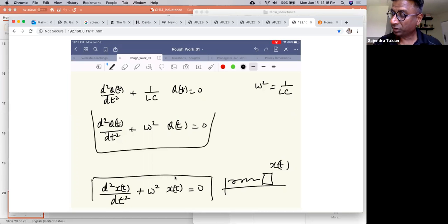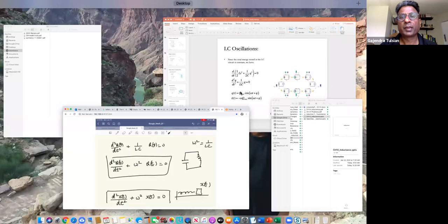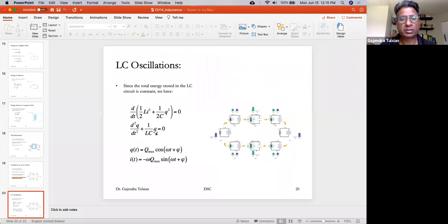So the charge on the capacitor in this LC circuit is given by this differential equation, which is the same as this differential equation. 1 over LC is defined as omega squared, and even Thai can solve this.